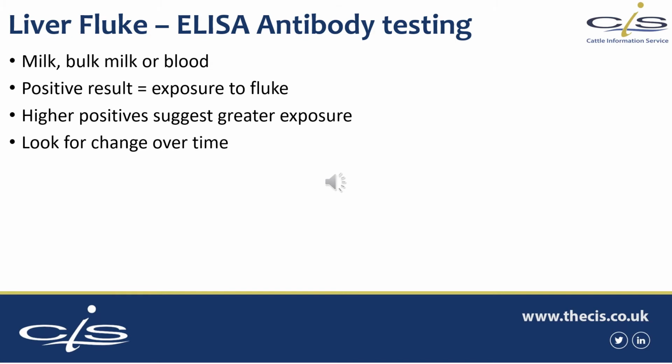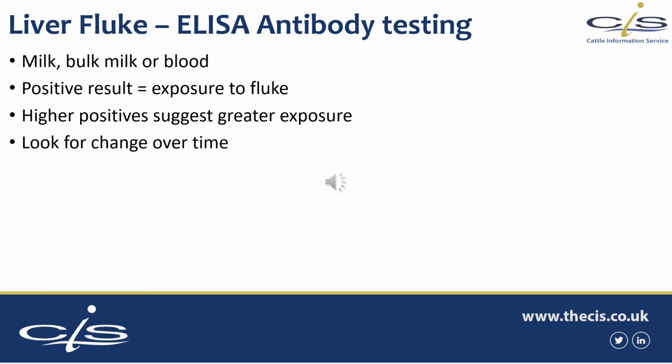It doesn't tell us whether that pathogen is still active or how much of it was, but it shows that there has been exposure. Now there is a link that says a higher positive suggests greater exposure, but that pathogen may have gone, and in this case the fluke may have gone and been dealt with, but the antibodies will still remain high for a particular amount of time.